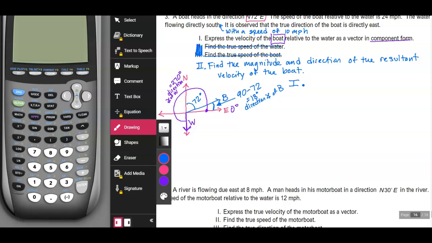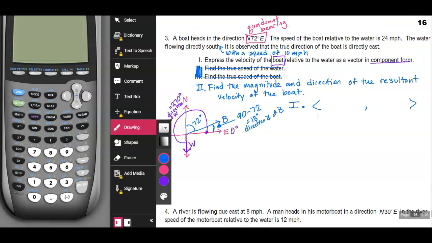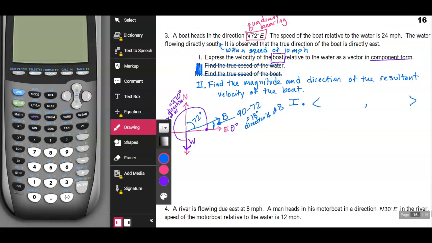Now, in order to take a magnitude and a direction angle and put it into component form of a vector, you take the magnitude, which the magnitude of the boat is how much? Yes, good. 24 miles per hour. Remember, speed equals magnitude.